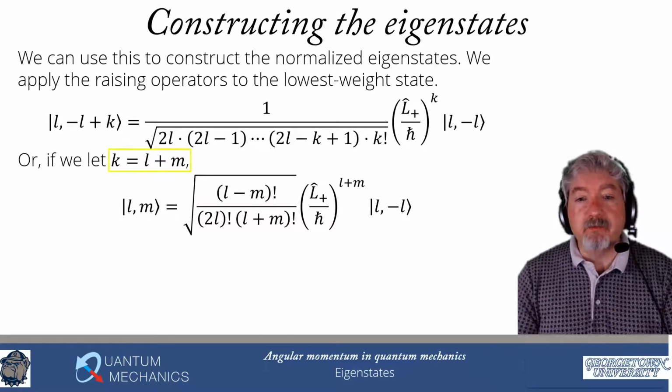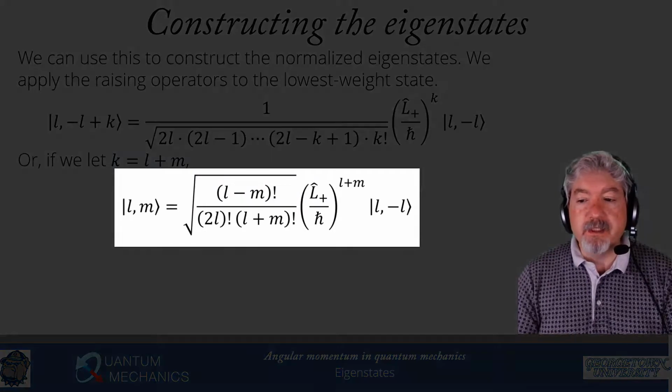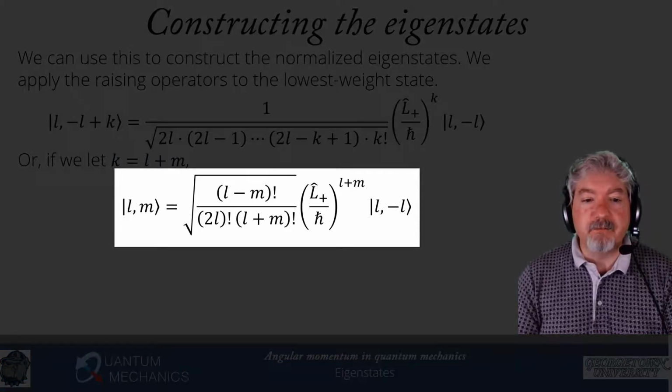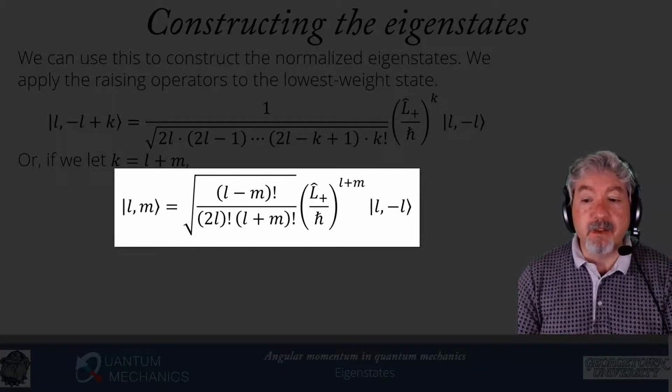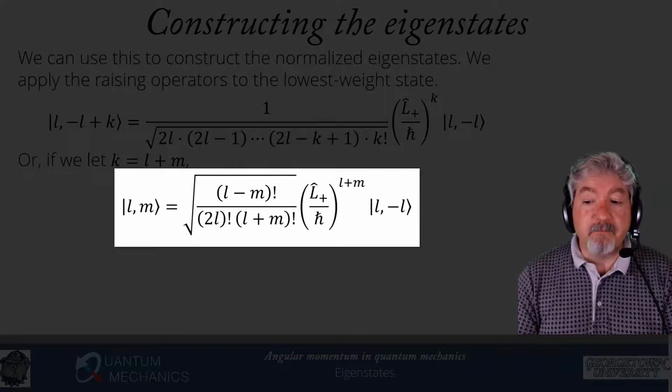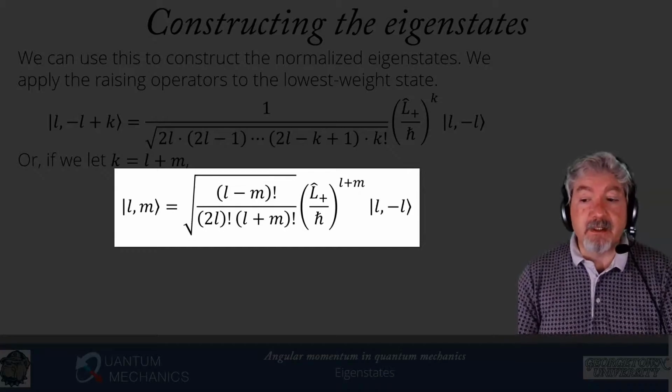And what we're going to do is replace k by L plus m. That then gives us the state L comma m. And we find the normalization factor is the square root of L minus m factorial divided by 2L factorial times L plus m factorial, multiplied by L plus over h bar raised to the L plus m power acting on L, minus L. And then that gives us the states.